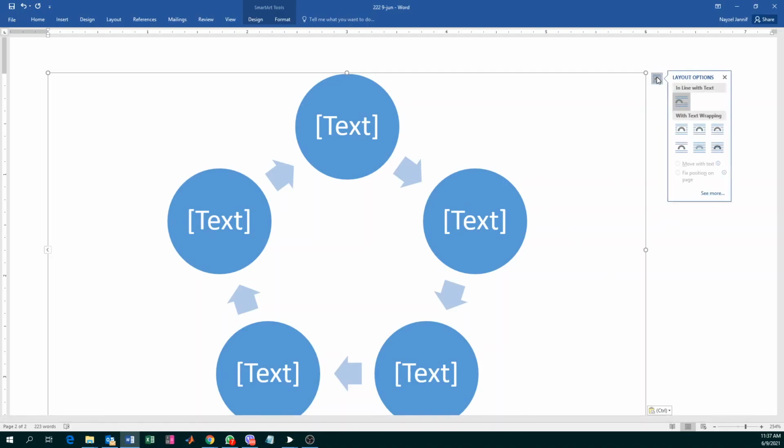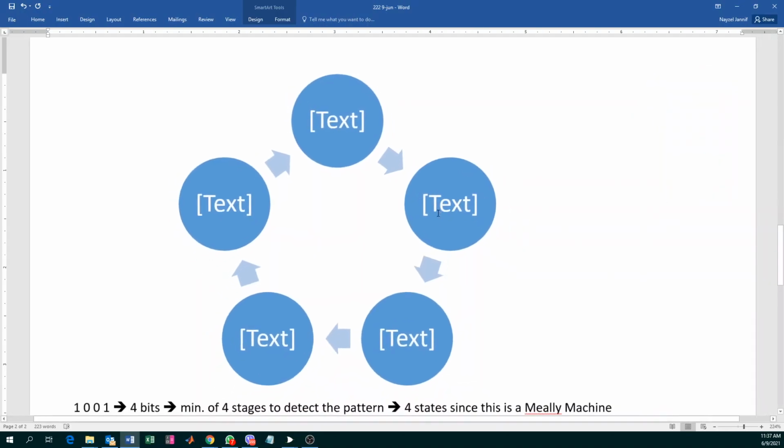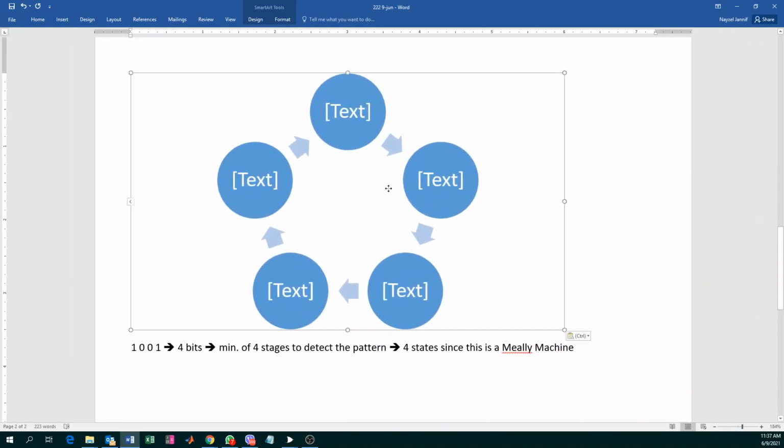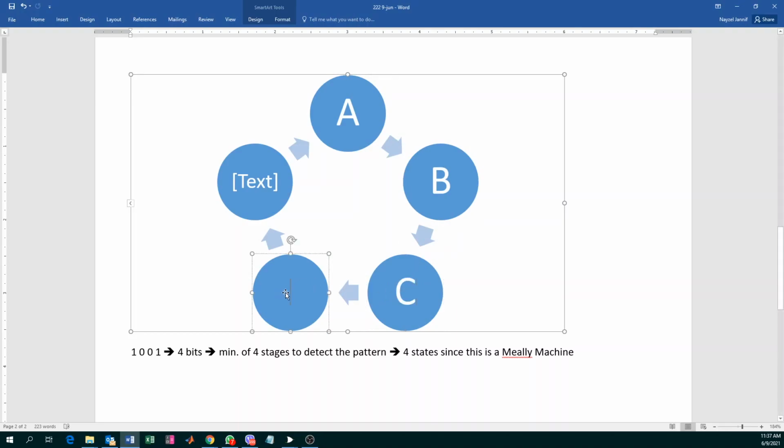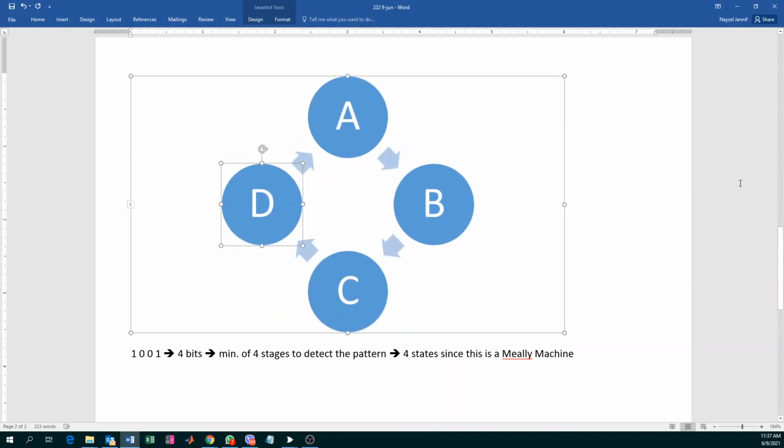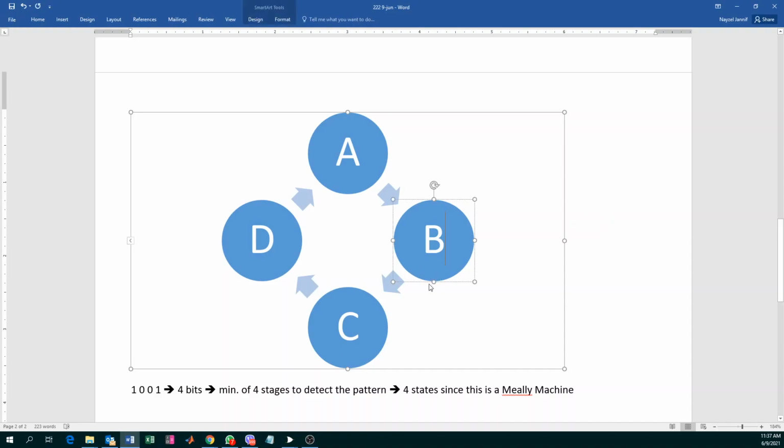So let me show you the 4 states. Let's call this state A, state B, state C, and state D. We only needed 4 states, so we delete that. You've got A, B, C, D.